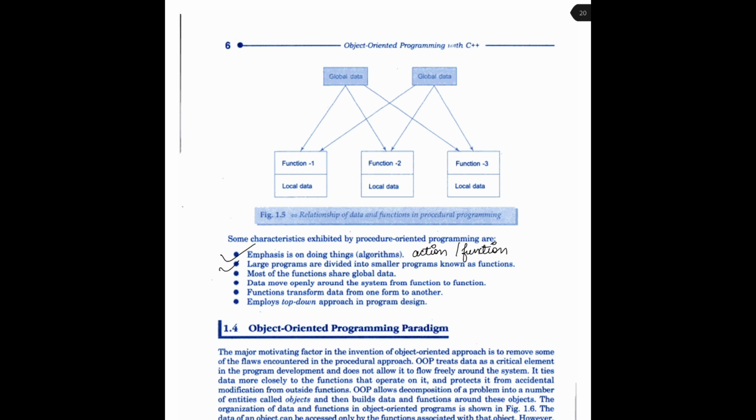The second point is large programs are divided into smaller programs known as functions. A function is nothing but a list of instructions that are grouped together and you want your computer to perform them. Dividing a larger problem into smaller problems is known as a top-down approach, which is used in procedure oriented programming.